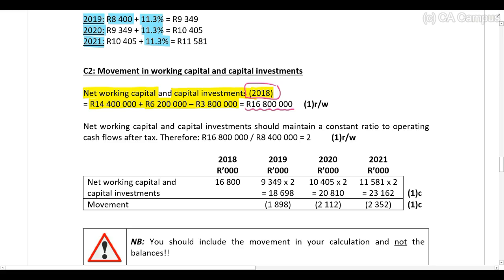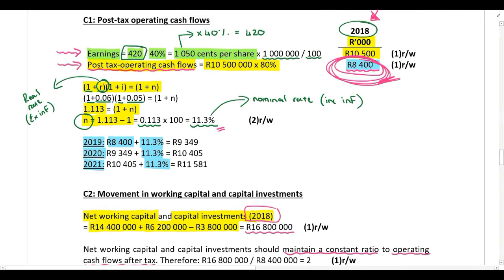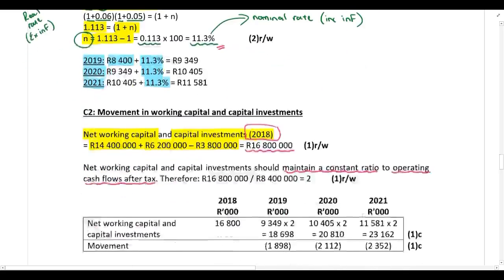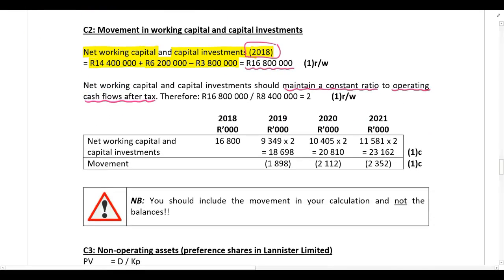And this amount is going to maintain a constant ratio to operating cash flows after tax. So we've already calculated operating cash flows after tax for 2018. Here's your operating cash flows after tax for 2018, 8.4 million rand. It's like a puzzle. So this will maintain a constant ratio to operating cash flows after tax.